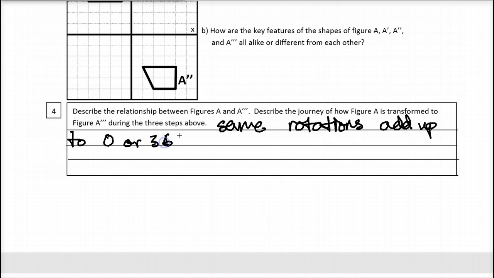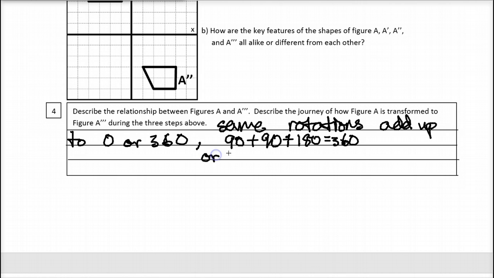Well, let's look at the steps that we did. First, we did a quarter turn, another quarter turn, and then a half turn. So we either got 90 plus 90 plus 180, which would equal 360. That's one full revolution, bringing you back to the start.